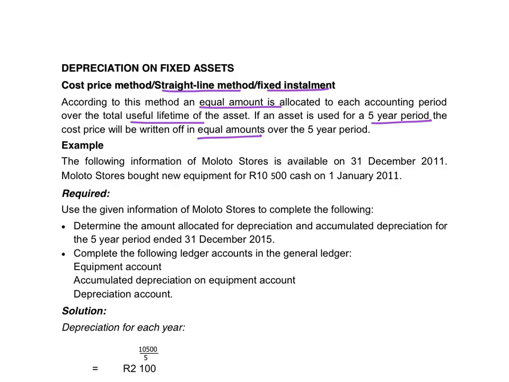The following information of Malotto Stores is available on 31 December 2011. New equipment was purchased for $10,500 on 1 January 2011. So on the first day of the year, we bought equipment for $10,500. In the first year, we will write off depreciation on the cost price over a period of 5 years.